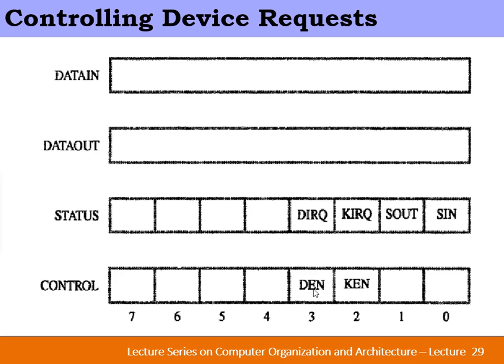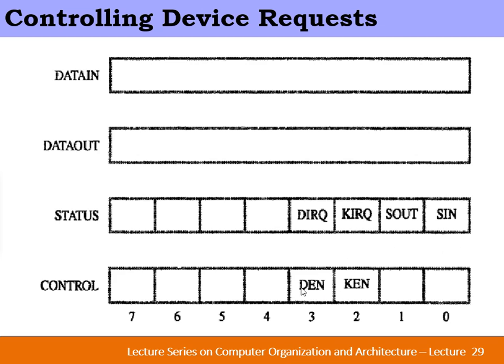Keeping these two bits equal to 1 indicates that at any given point of time the keyboard or display device can generate an interrupt request.